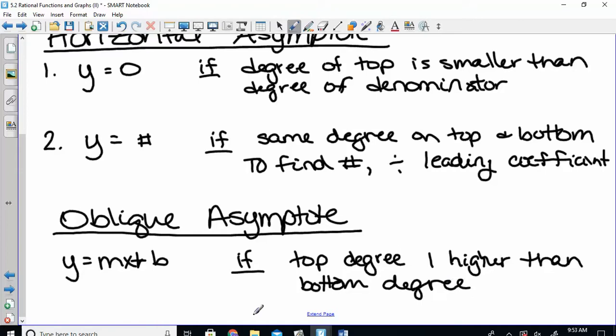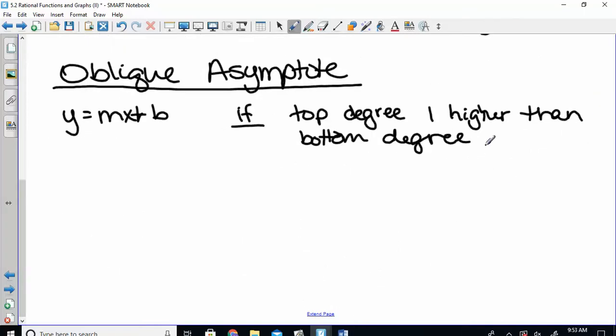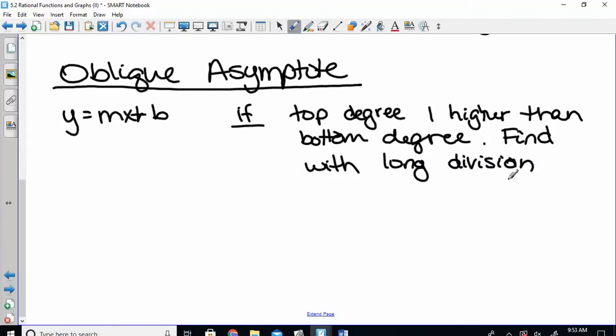We have like an x cubed over x squared, and the degree on the top is 1 bigger. That's an oblique asymptote, and we will have to find a full line. To get that line, we have to do long division.